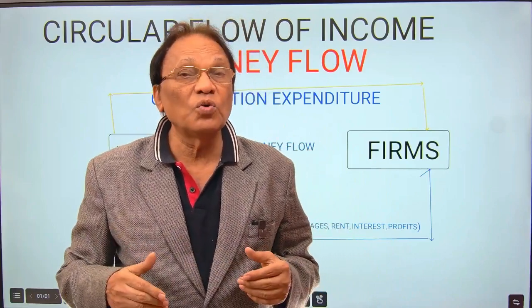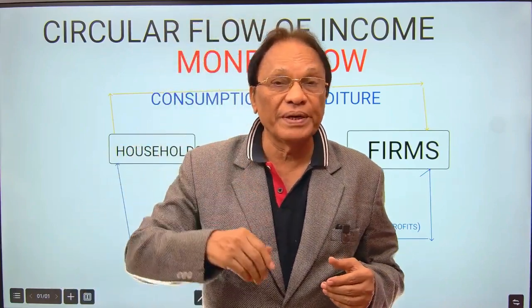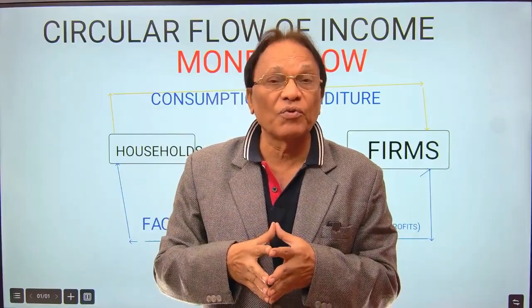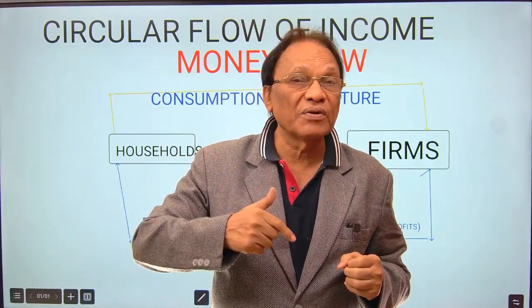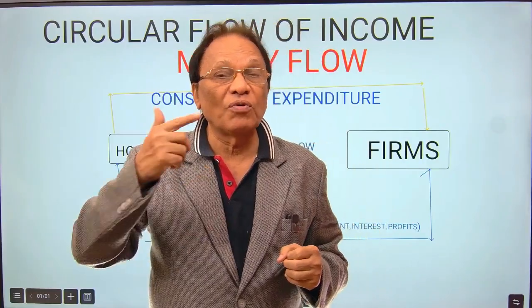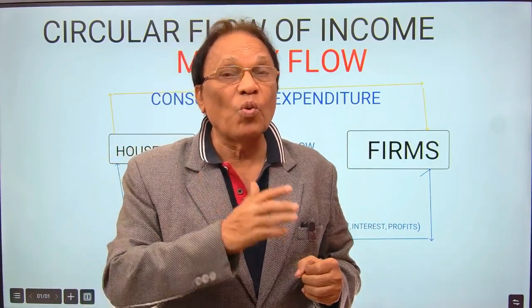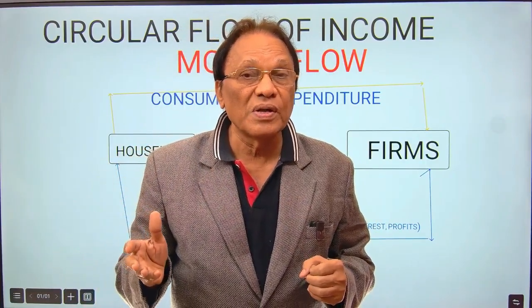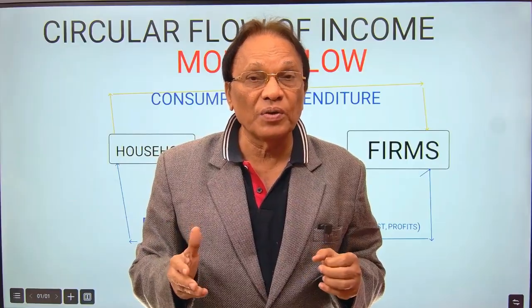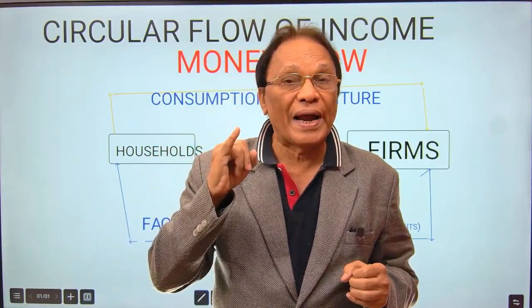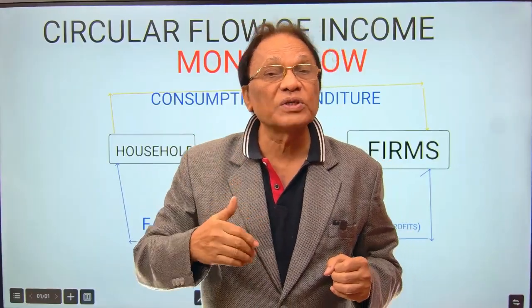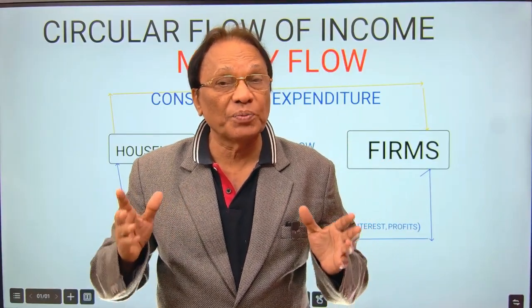Well, there are two circular flows of income in economics. One is real flow, one is money flow. What exactly is real flow? Real flow means flow of goods and services from one sector to the other sector. For example, taking two sectors here, households and firms, households are the owners of four factors of production.